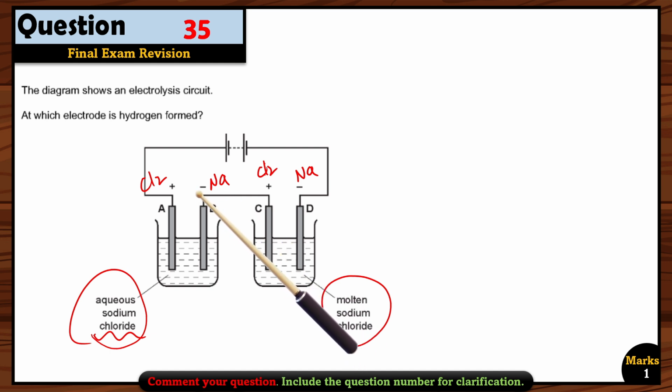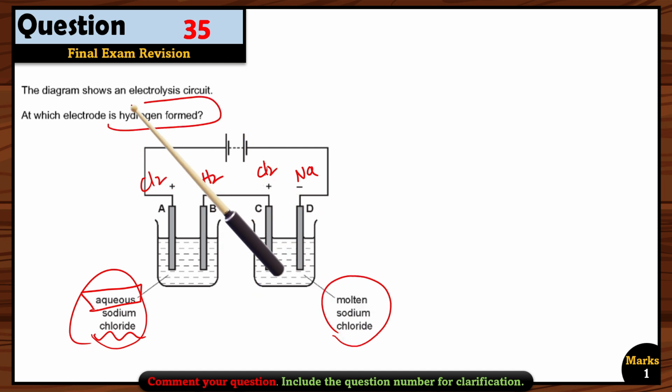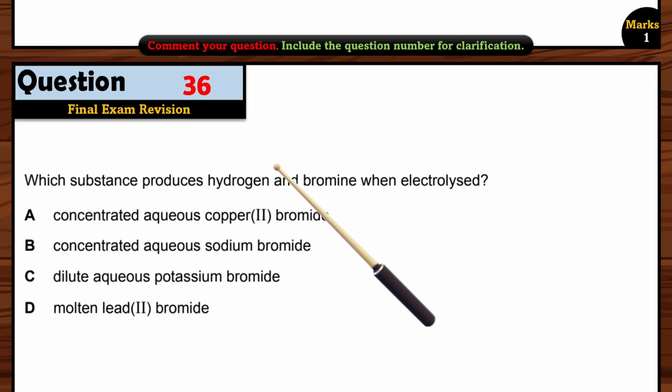Oh, sorry, not, because it's aqueous. So at the cathode, of course, you are going to get hydrogen, because aqueous always gives hydrogen at the cathode. So where is the hydrogen option? Electrode only at B. So option B is the right option.